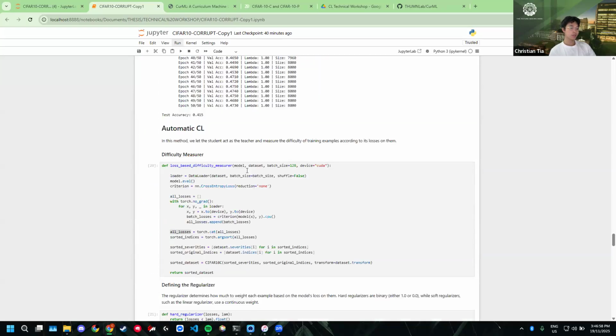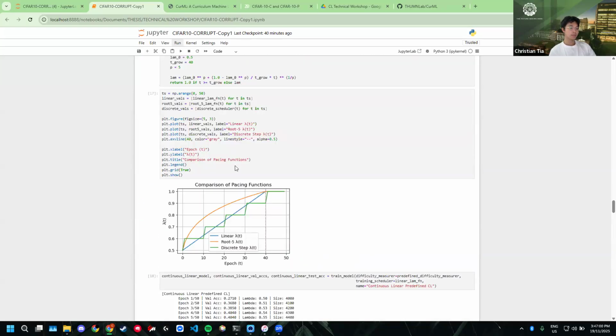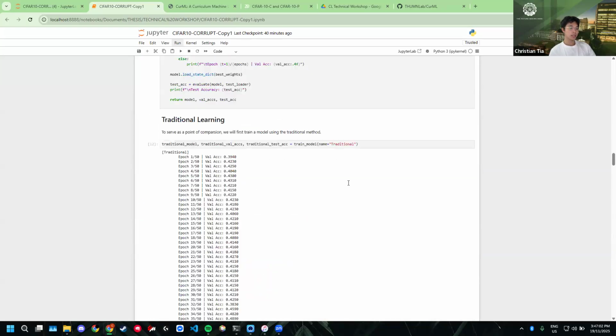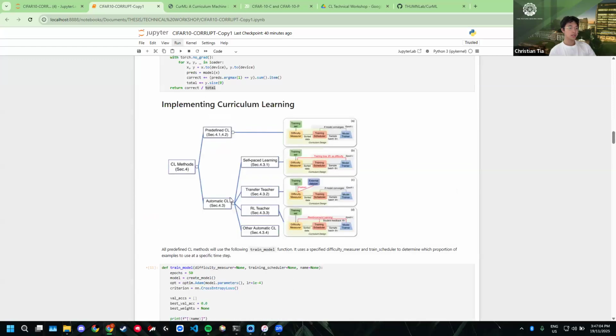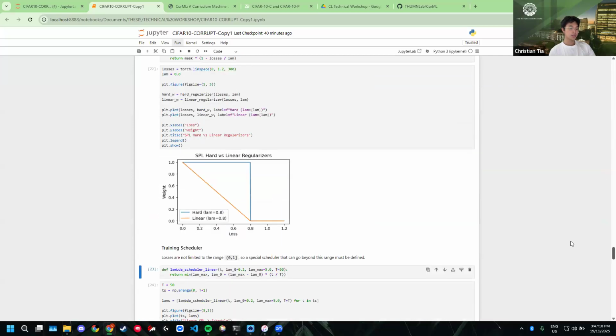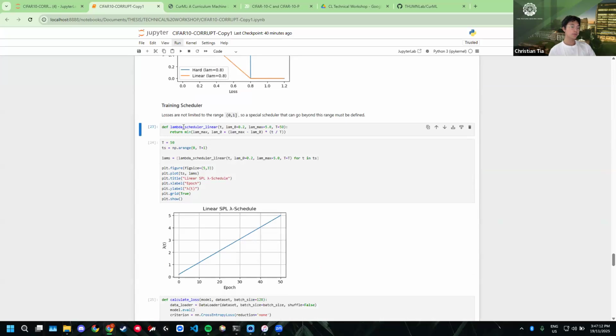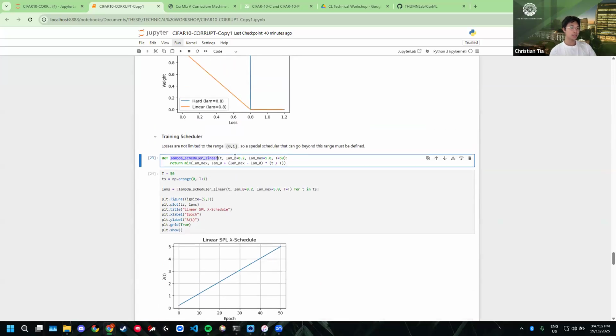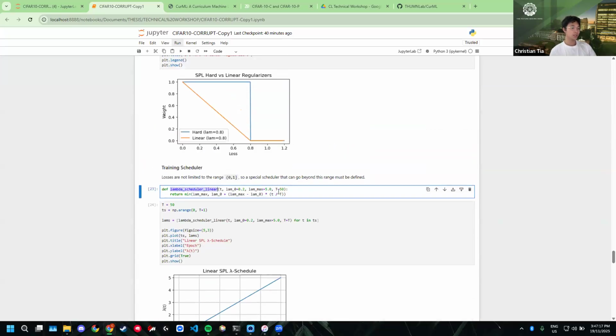Another aspect of automatic CL is that you need a different way of defining the lambda schedule, because now it's not just a proportion, so it's not from 0 to 1.